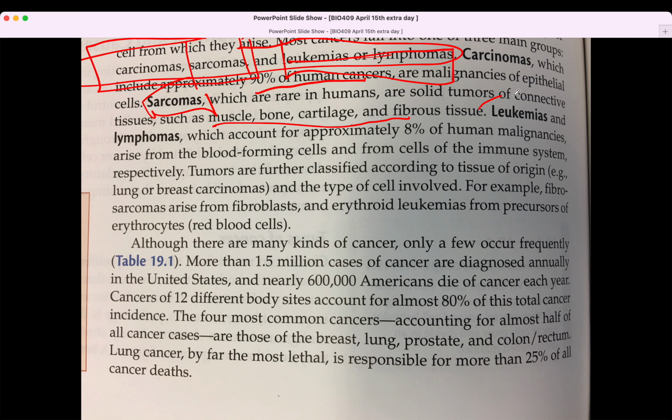Okay, then leukemias and lymphomas are tumors in cells that form blood cells, and so they're not solid tumors, they're cells that float around in our bone marrow and in our blood. Okay, so it'd be good for us to learn this because it's just a dramatic and simple story, right? What are the three main types of cancer? And it's not breast cancer, it's carcinoma, sarcoma, leukemia, lymphoma, and then which is most common, which is less common.